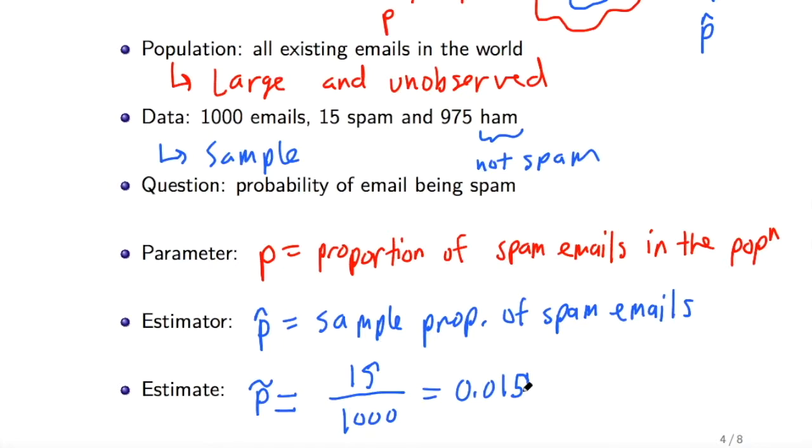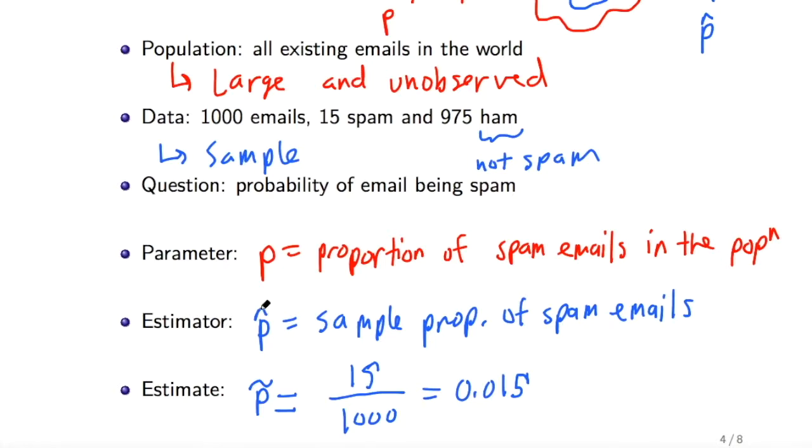What this estimate tells us is that for our entire population, given our sample, we infer that the probability of receiving a spam email is 1.5%. So we use a sample to make inference about the population. And P tilde is an estimate, just an output of the estimator, P hat, which is more generally the function, the sample proportion of spam emails.